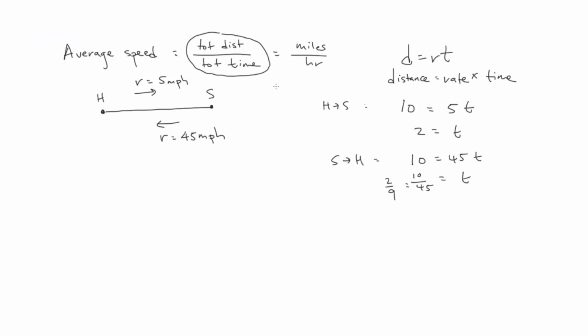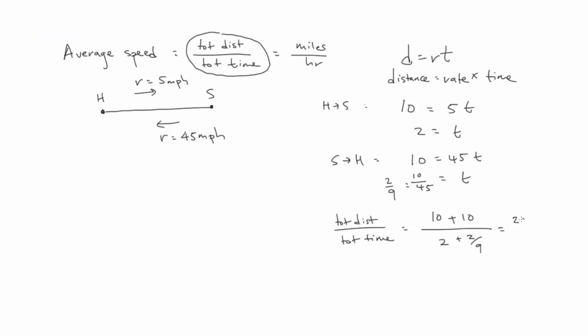Next, the average speed. Now we can plug in what we have. The total distance over the total time would be, we traveled 10 miles to school and another 10 miles back, so a total distance of 20. And the time it took was 2 hours initially, and on the way back it took 2/9 hours.